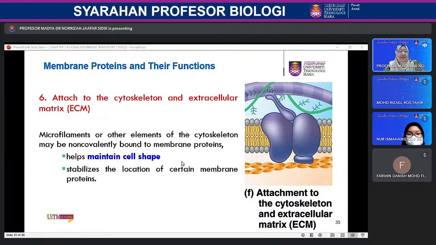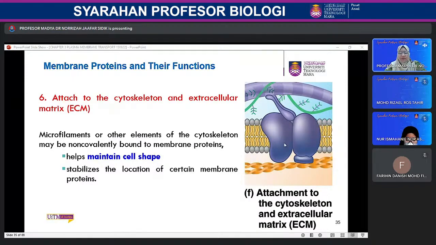You can see here there are many microfilaments or other elements of the cytoskeleton that may be non-covalently bound to the membrane proteins. So what is the importance of this network? They help to maintain the shape.